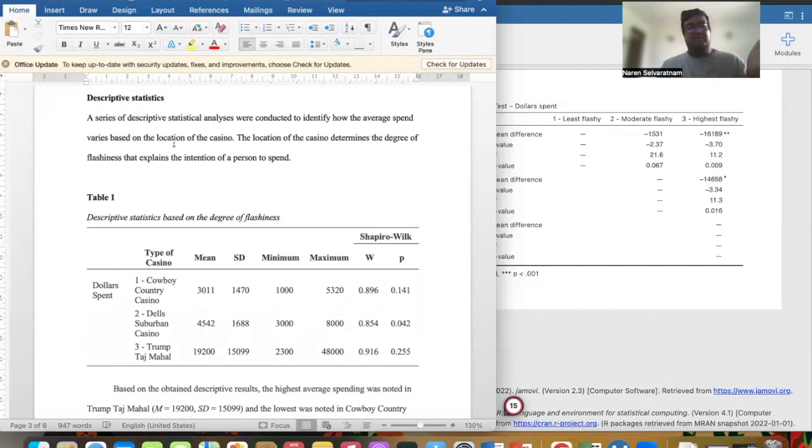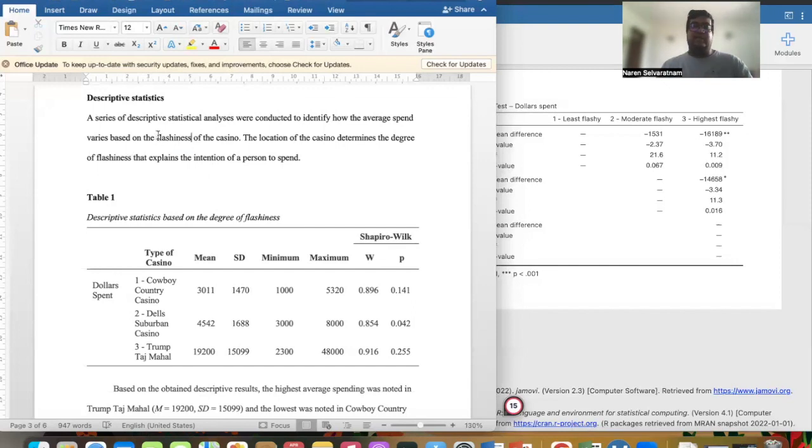A series of descriptive statistical analyses were conducted to identify how the average spend varies based on the location of the casino or based on the flashiness of the casino. Let's write like that, flashiness of the casino. The location of the casino determines the degree of flashiness that explains the intention of a person to spend.